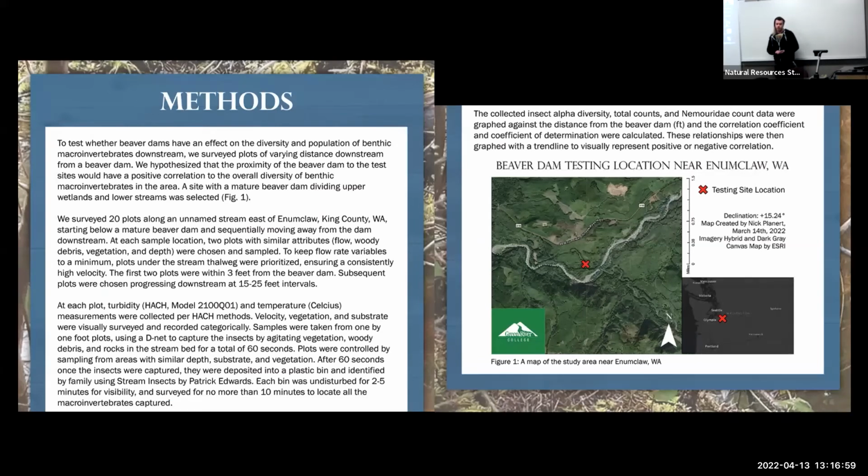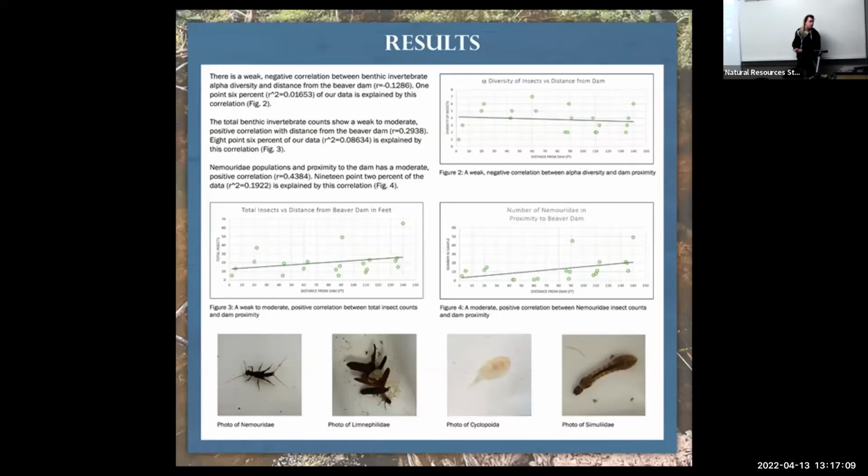And what we found was, while there wasn't very much of a correlation between diversity and distance, there was a slight negative correlation, counts went down a little bit, but mostly there was a correlation between total population counts and specifically the little brown stonefly population counts were very correlated.